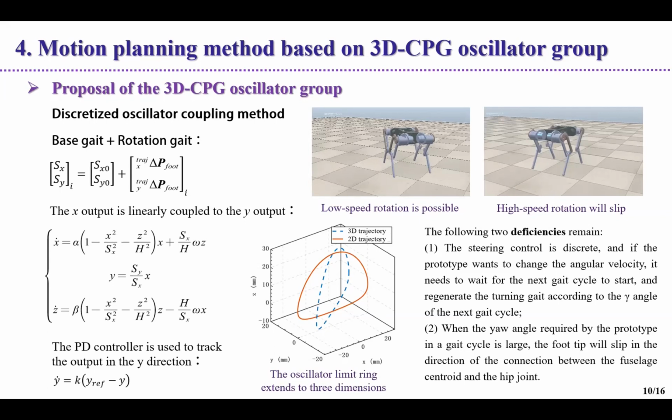Simulation videos show that the coupling method can achieve low-speed rotational motion. However, there is a disadvantage of slipping at the foot when rotating at high speed.